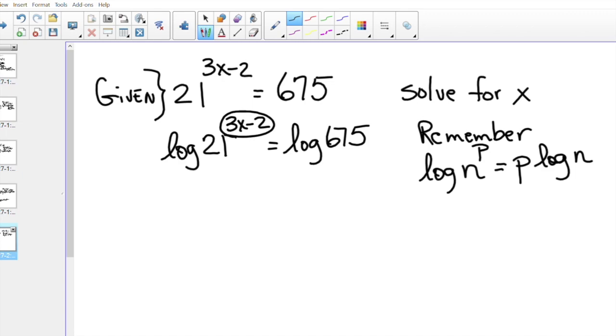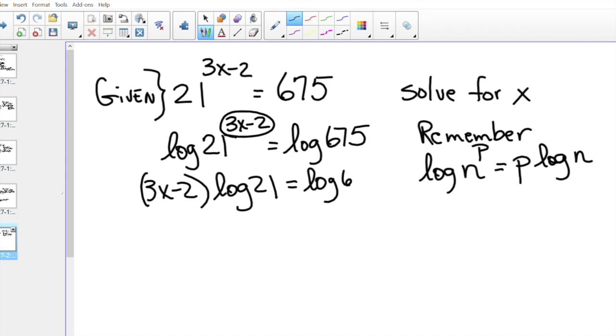So you would say 3x minus 2 log 21 equals log 675. Now, to solve for x, I don't want that. So we'll divide by the log of 21 on both sides.